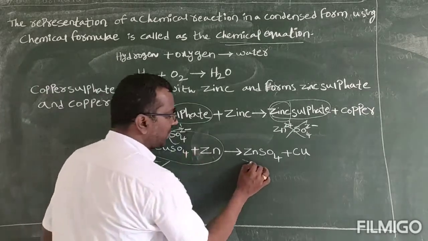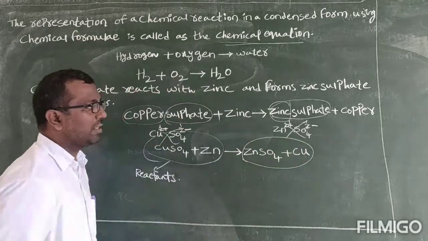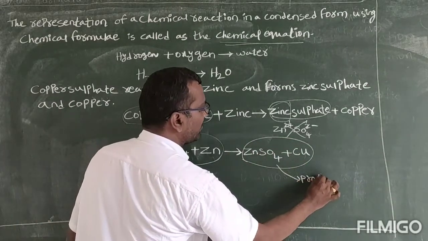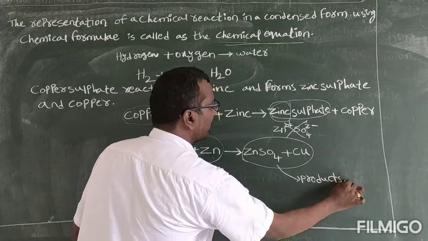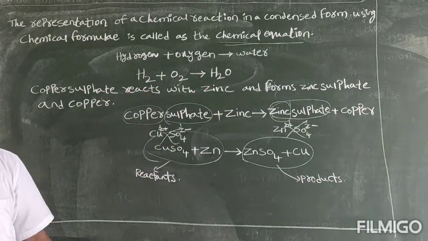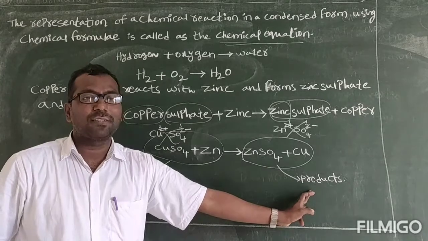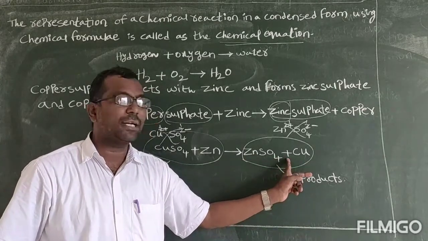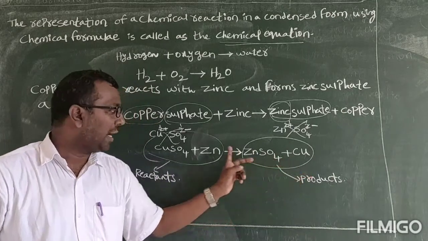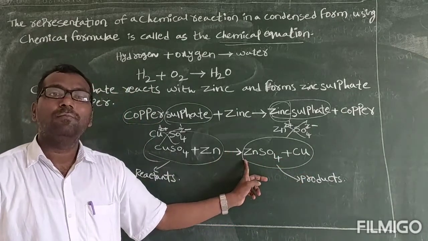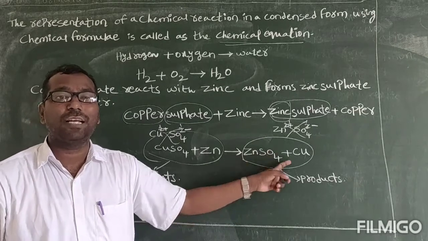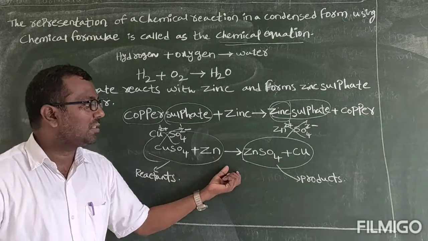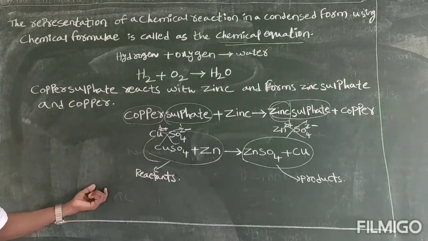And the things which are written on the right hand side of the chemical equation, those are called as the products. And if they are more than 1, they are separated by the plus sign. And arrow gives the direction of the reaction. So it is a forward reaction. So this is all about the chemical equation.